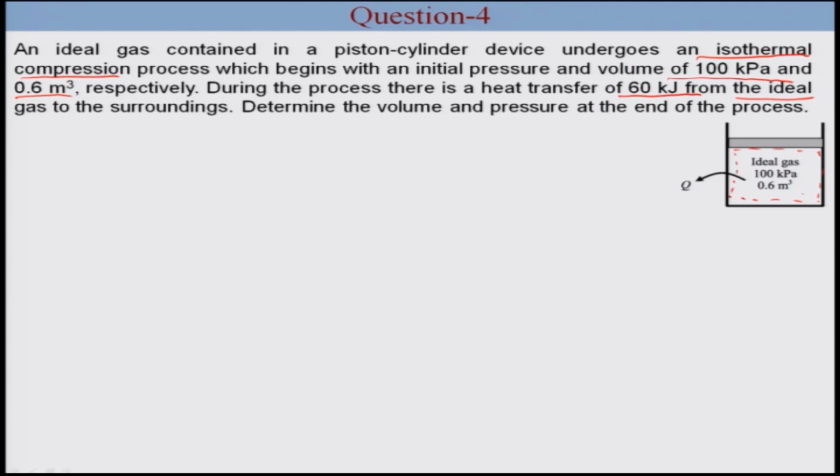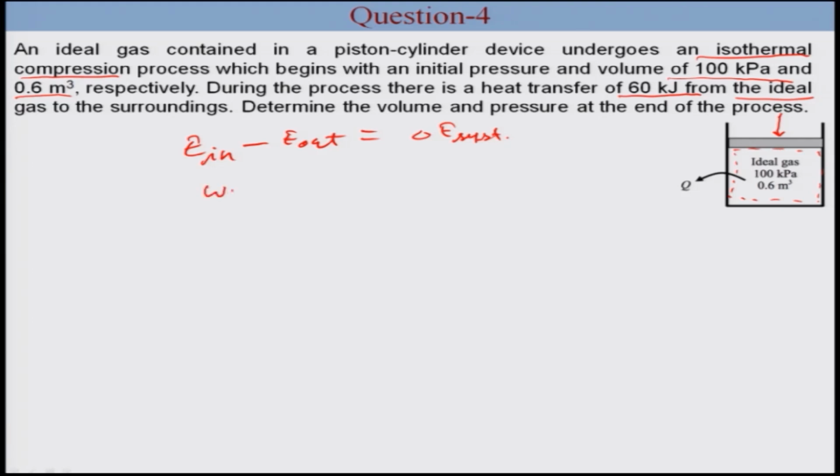Okay, since this is a closed system, because there is no mass crossing the boundary of the system, energy balance for this closed system will be total energy in minus total energy out equal to change in total energy of the system. Energy in will be from the work done by this piston on the cylinder.